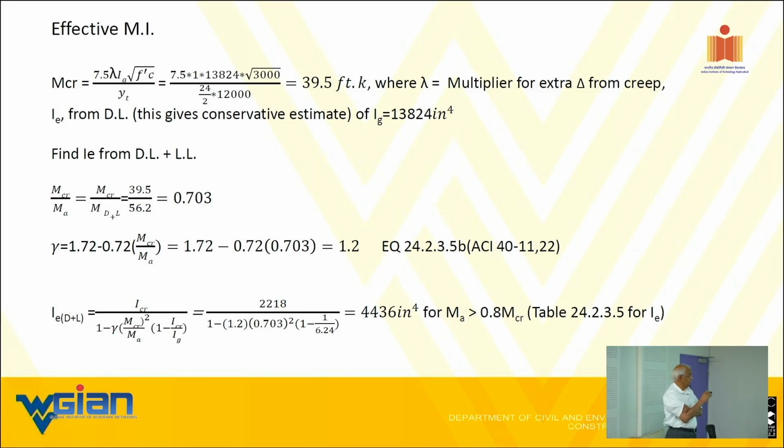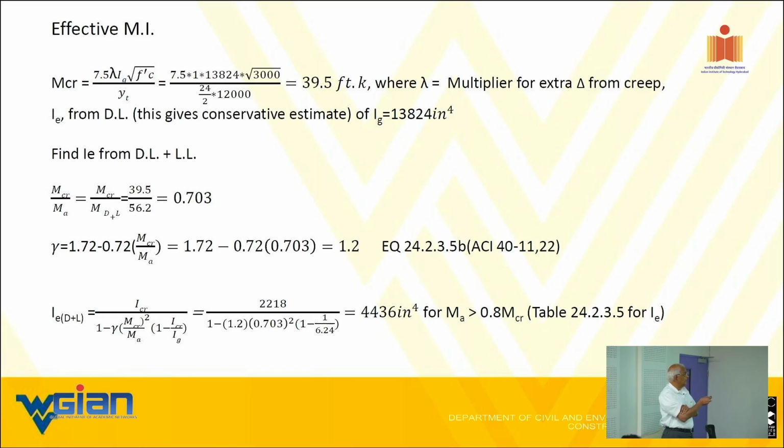And from that rupture value, 7.5 times square root of F prime C, you get MC over I type stuff. And lambda is a multiplier for creep. We already told you, lambda is 1.2 or 2.0, depending on the number of years of creep you are accounting for.